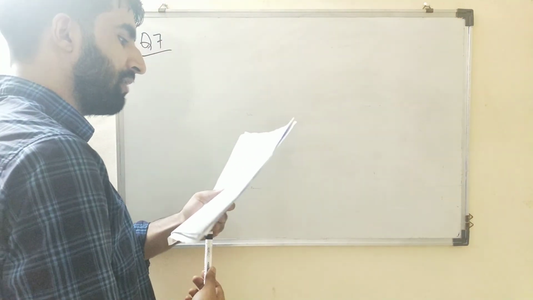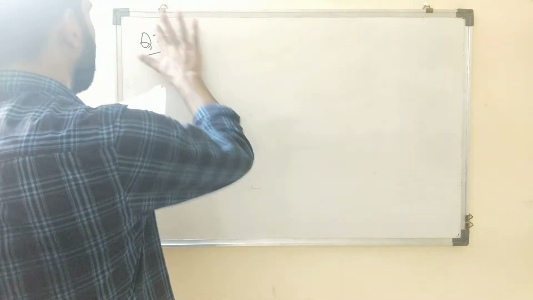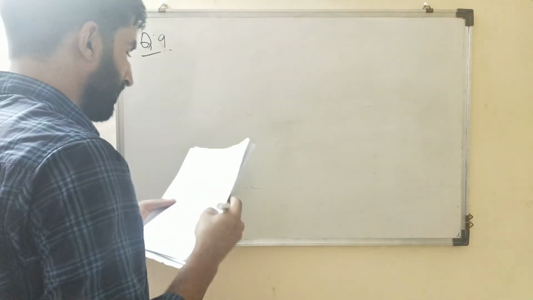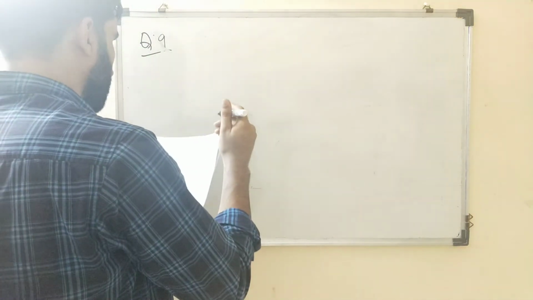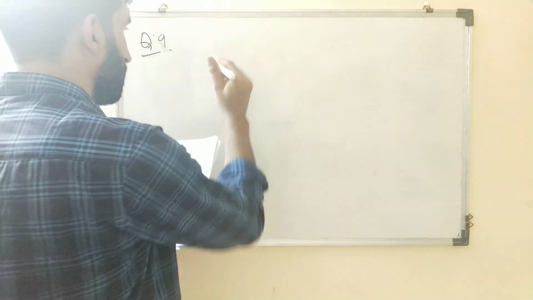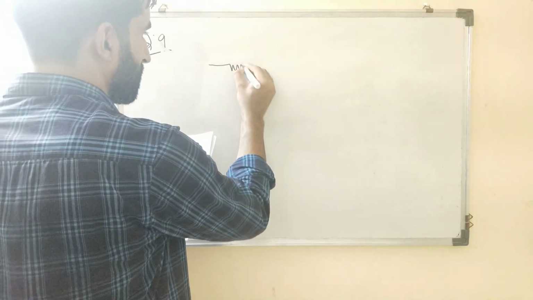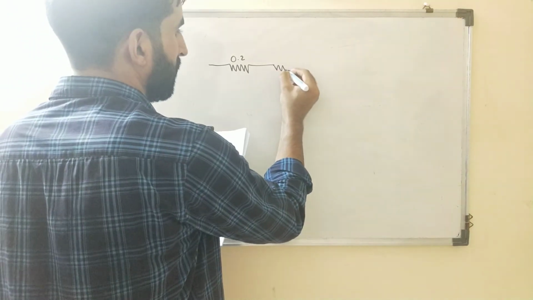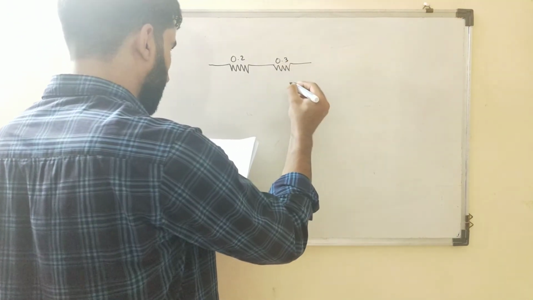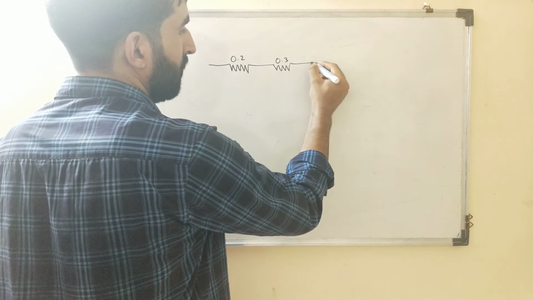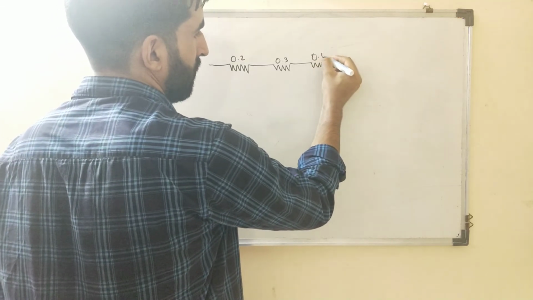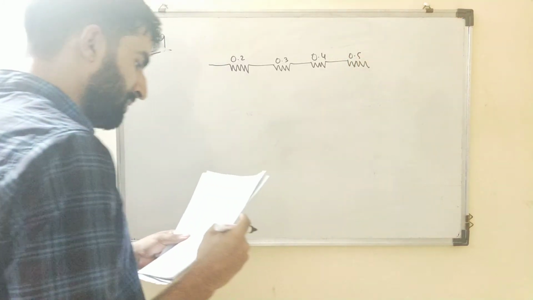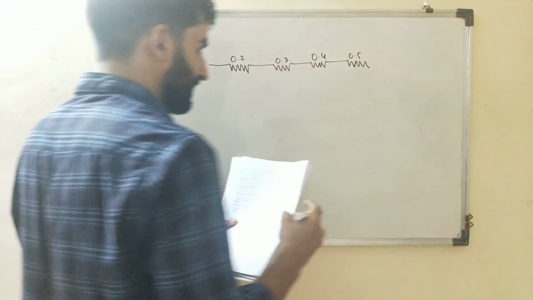So this is question number 9. This is the first resistor, this is 0.2, and after that we have 0.3 and 0.4, 0.5, and then we have the 12 ohm resistor.